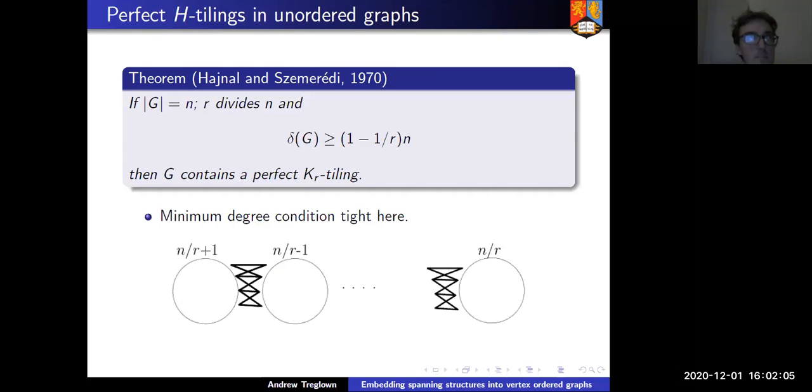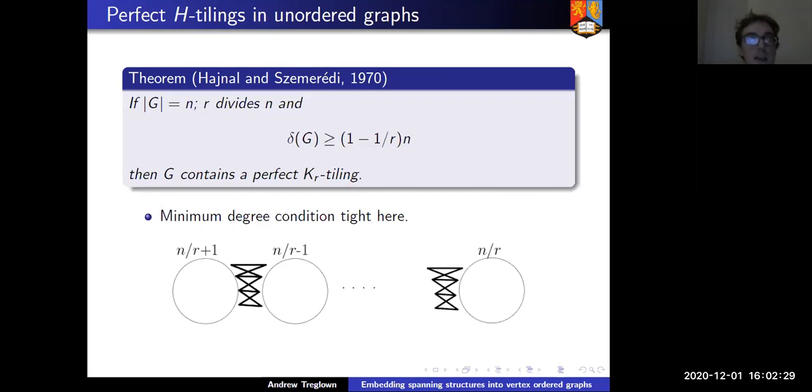Before I delve into what we proved in the ordered setting, let me remind you what happens in the unordered setting, the simple graph setting. The seminal result in the area is the Hajnal-Szemerédi theorem. It characterizes the minimum degree that forces a perfect clique tiling in a graph.